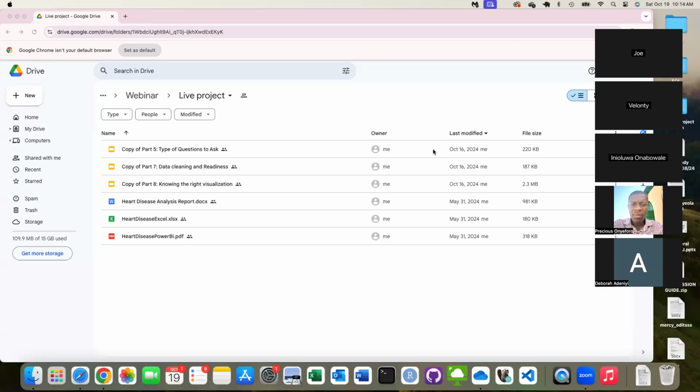Is it something that I can learn if I put my heart to it? And this is what we want to really show you today: the level of complexity or the level of simplicity it is to become a data analyst, data expert, data scientist, or whatever.